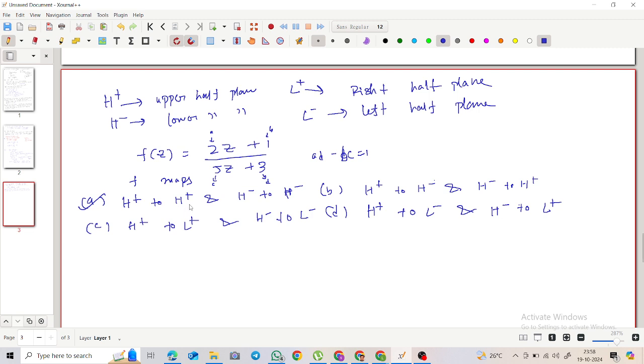If it sends H plus to H plus, then it has to send H minus to H minus, because the only singularity is at z equals minus 3 by 5, which is on R. So f is holomorphic on C minus R. It can't send both H plus and H minus to H plus, because it is an automorphism. So this is true. Okay.